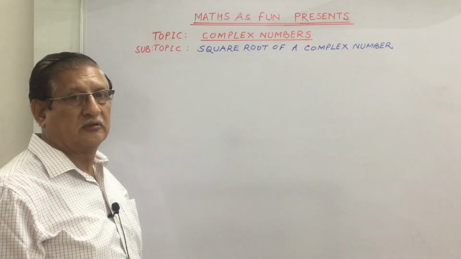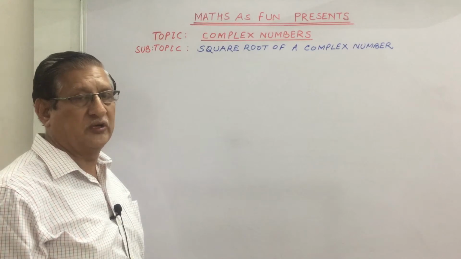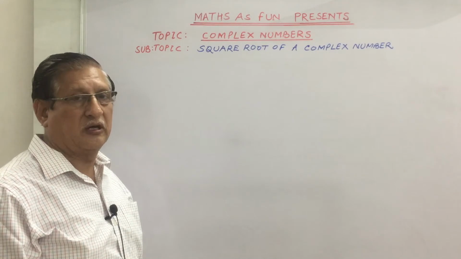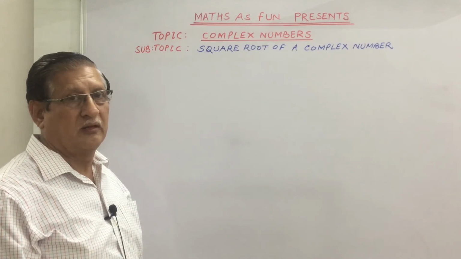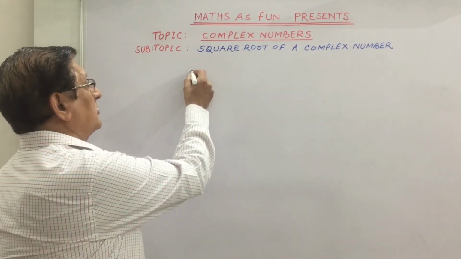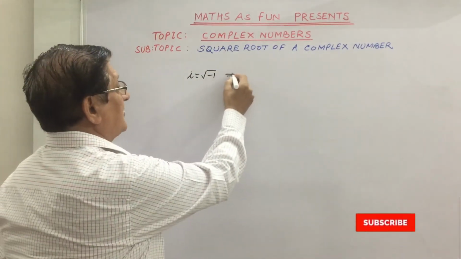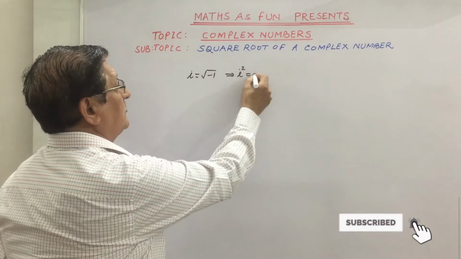Hello everyone. In this video we are going to learn about finding the square root of a complex number. We know that iota is equal to root of minus 1. It means iota square is equal to minus 1.